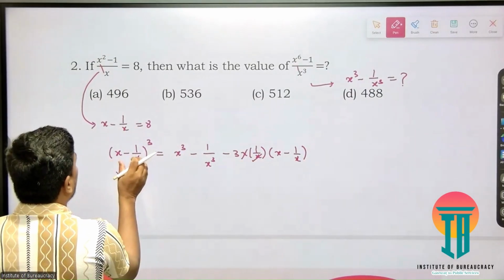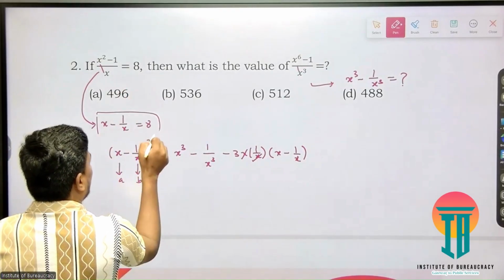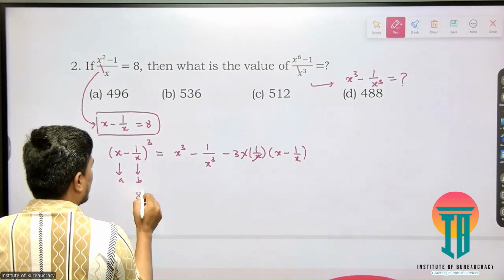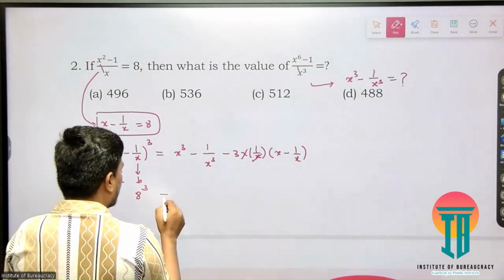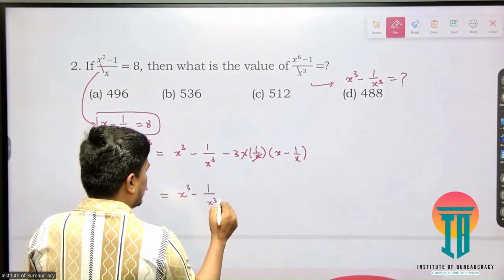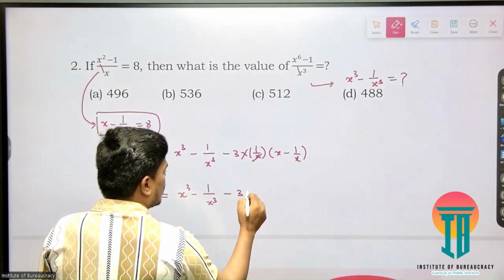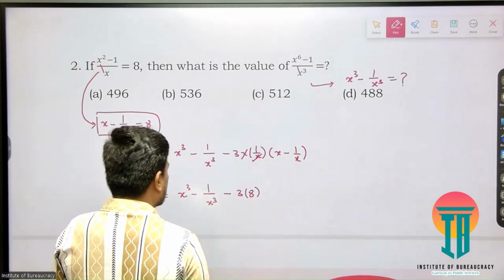x minus 1 by x is given as 8. Therefore, it's going to be 8 cube, equal to x power 3 minus 1 by x power 3 minus 3 into x minus 1 by x, whose value is 8.